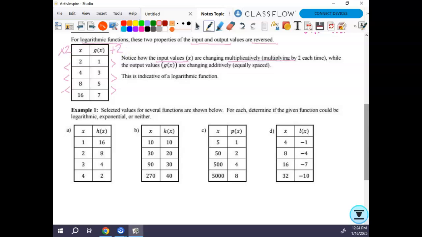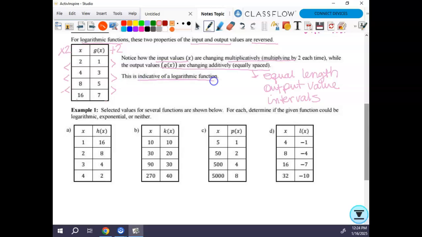They are equally spaced. We would write this as equal length output value intervals. Okay. And when this happens, you can see it's just literally reversed from what it was for the exponential.